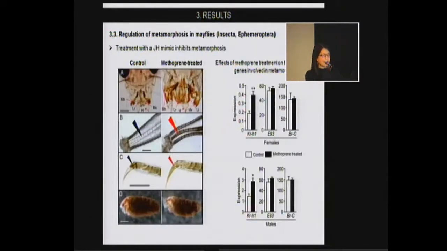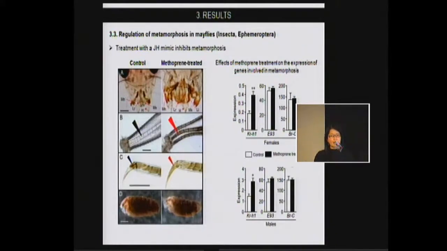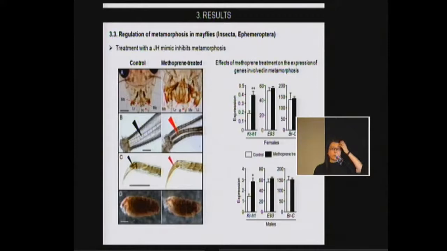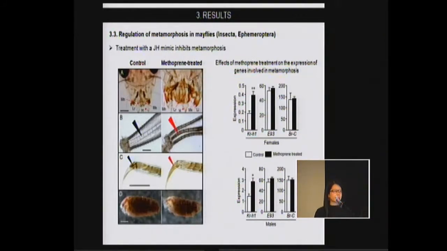And finally, we did an experiment because we wanted to know the role of juvenile hormone in metamorphosis in this species. So we treated the newly ecdysed nymph in the last nymphal instar with the JH mimic methoprene. And the result showed that juvenile hormone inhibits metamorphosis in this species. As you can see, they can live until the last moment of the last nymphal instar when they have the black wing patch.